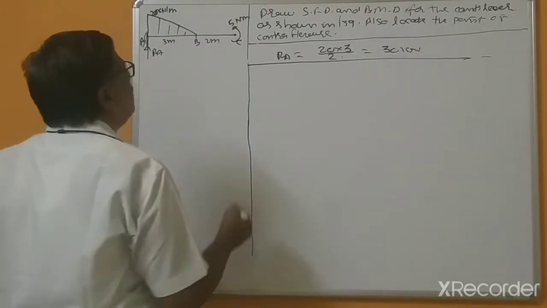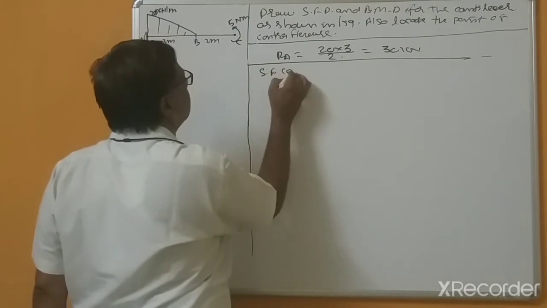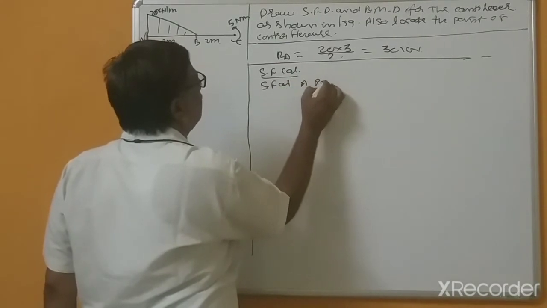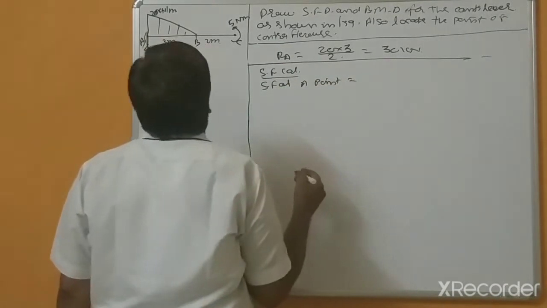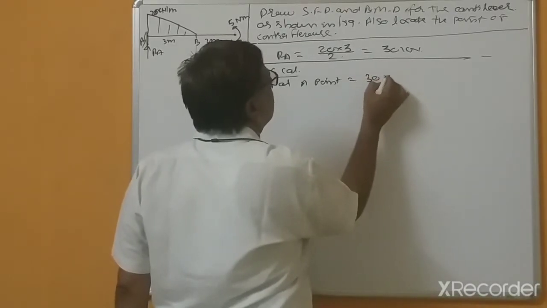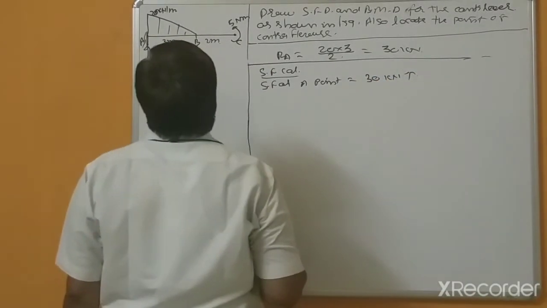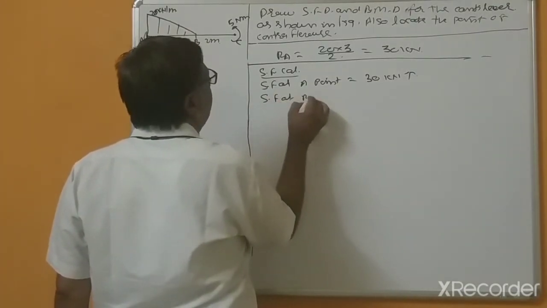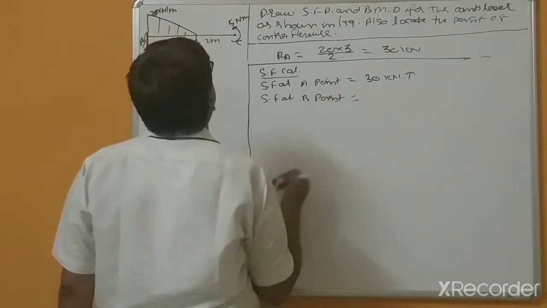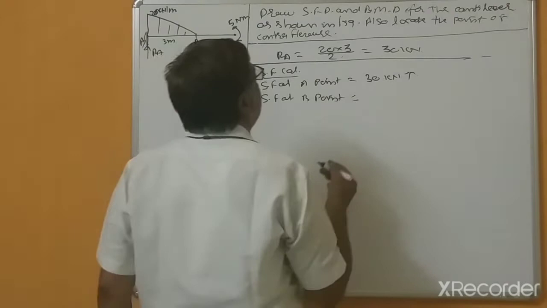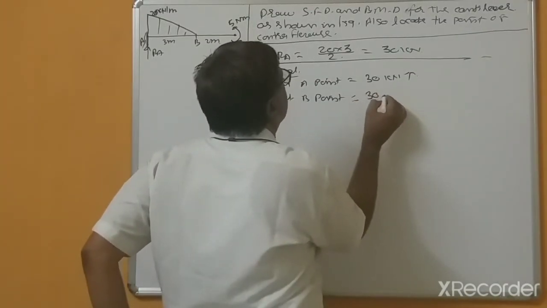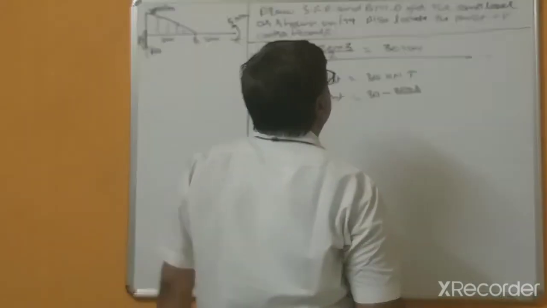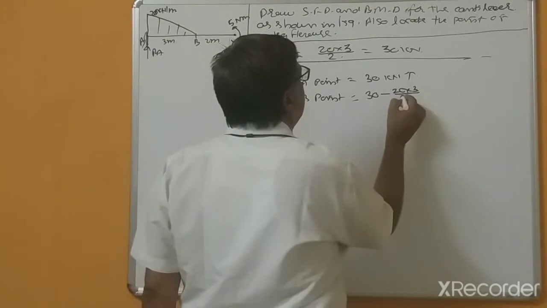So shear force calculation. Shear force at A point is equal to 30 kilonewton upward, and shear force at B point is equal to 30 minus 20 into 3 divided by 2.